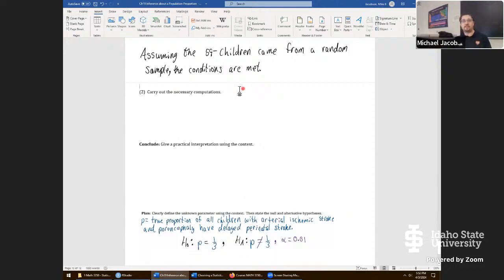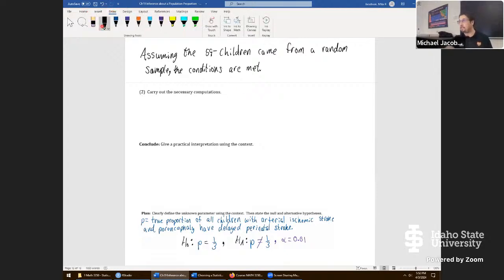So when it says carry out the necessary computations, really you have to produce two things. We need a test statistic, and after that, we'll calculate a p-value. So first, the test statistic is z.